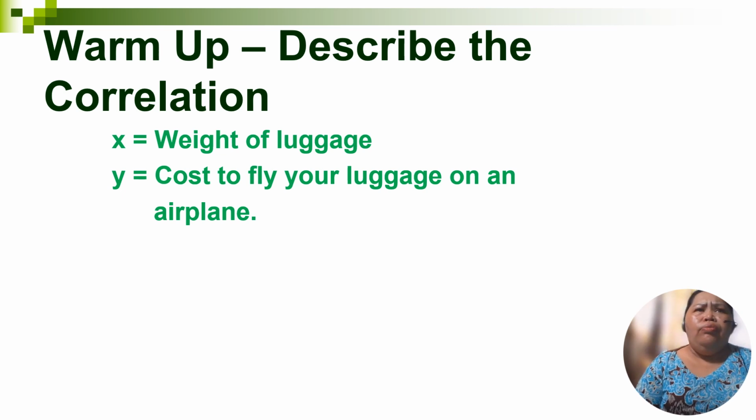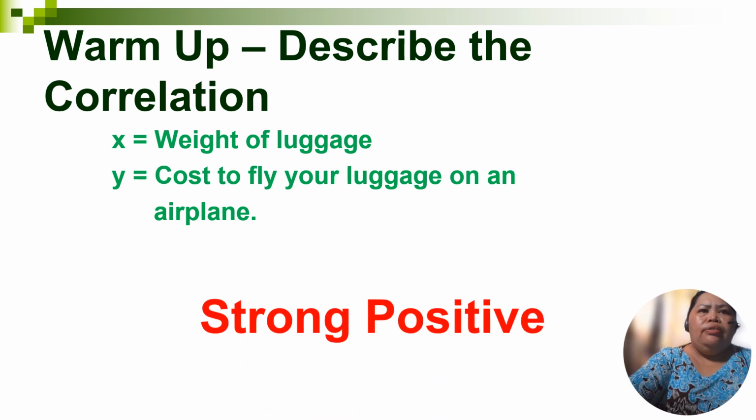Let's have a warm up. Describe the correlation. X is equal to the weight of luggage. Y is equal to the cost to fly your luggage on an airplane. Is it strong positive or negative? The answer is strong positive.